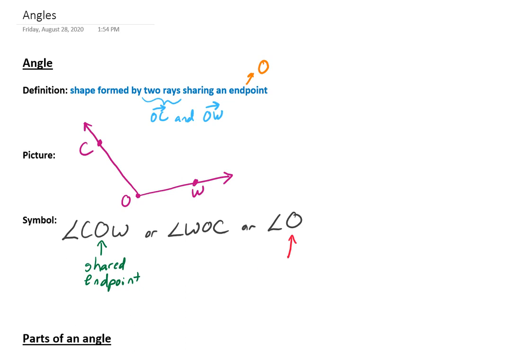We can only do this, so I can use the shared endpoint only if there is only one possible angle that I'm talking about.